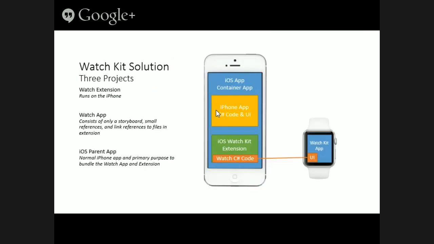So how does WatchKit work? There are actually 3 projects you have to have for WatchKit to work. You have your Watch extension, which actually runs on the iPhone, and you have the Watch app itself, which is on the wearable, the watch.